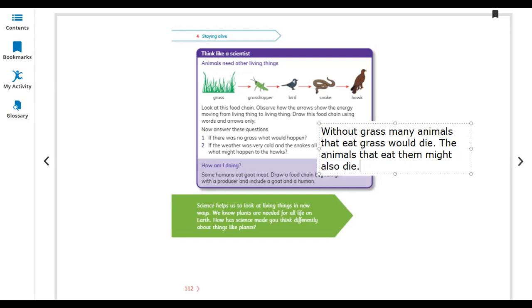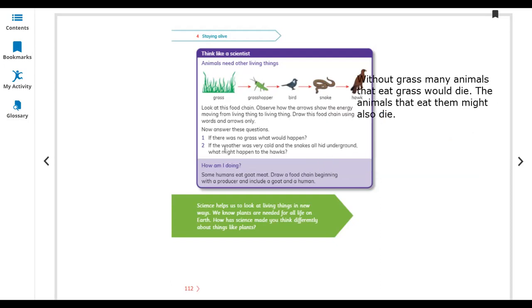Question two: if the weather was very cold and the snakes all hid underground, what might happen to the hawks? So if the weather was very cold and the snakes are hiding under the ground, the hawk would have less food. So maybe it dies, because the hawk is eating snakes.